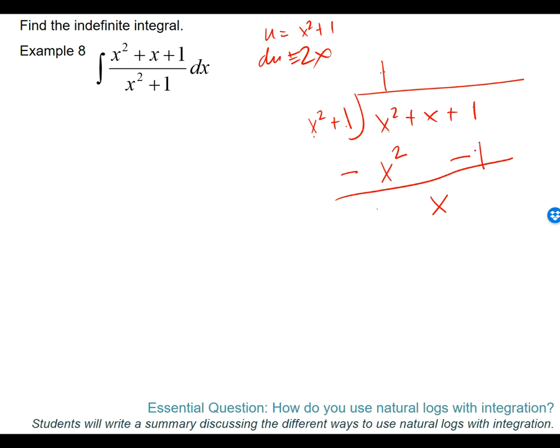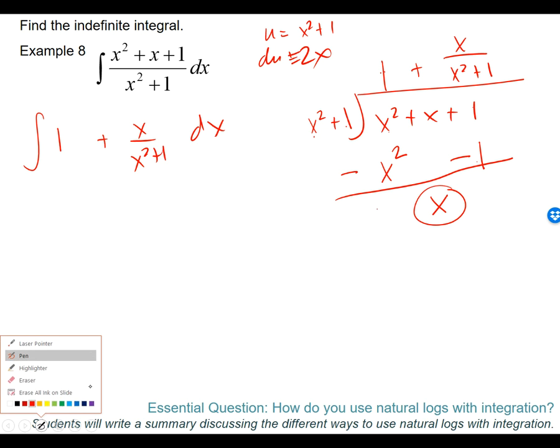And what is 1 minus 1? 0. Now, remember we had remainders. And the remainder, you take whatever you have left, because I can't divide x squared into x. Put that on the top, and whatever you divided by goes on the bottom. So that's what we are going to integrate. So we're integrating 1 plus x over x squared plus 1 dx.